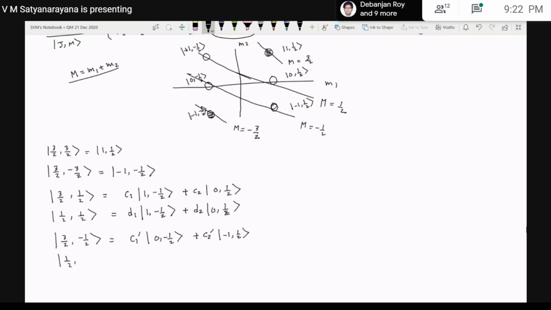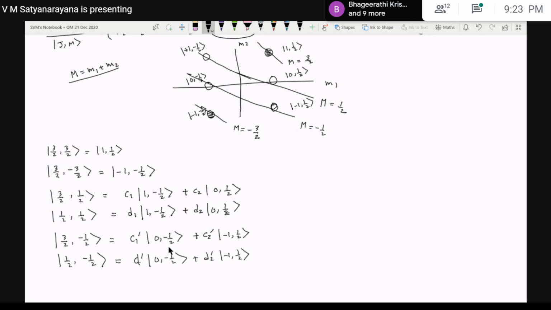Then I have half comma minus half, which is equal to d1 prime, let me call it d1 prime, times 0 comma minus half plus d2 prime times minus 1 comma half.